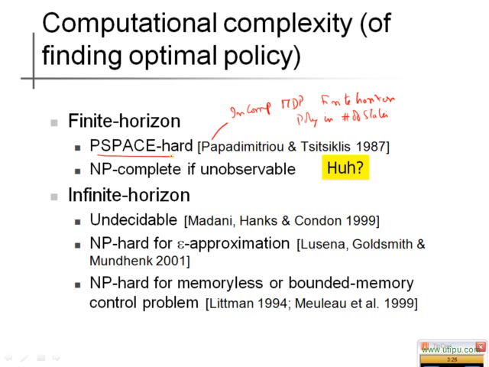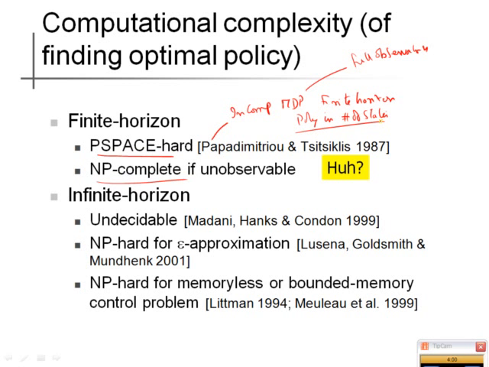Now, the other interesting thing to know is that if suddenly you lose your eyesight, I mean, if you don't get observations anymore, you're unable to see any observations, then it becomes NP-complete. So MDP basically means full observability. If it's full observability, it's polynomial.